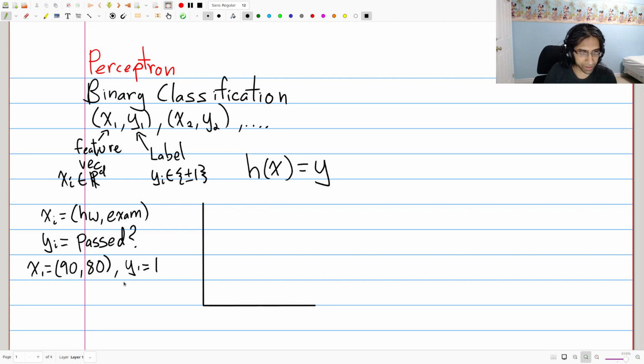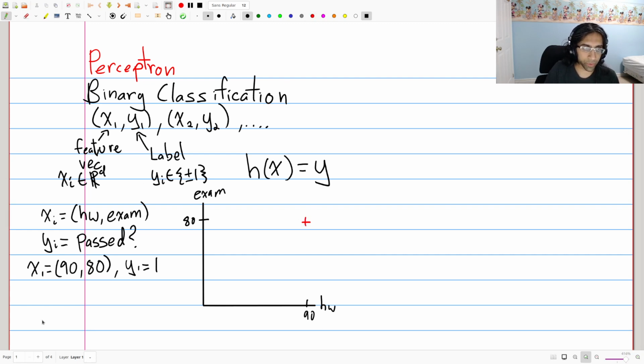Naturally, you'd expect if somebody did this well, they're probably going to pass the class. So what would that look like? I just want to draw this. This isn't going to be too helpful now, but we'll see a little bit later how visualizing it will be helpful. So this is rough, but let's say this is 80, this is 90, and so we'll represent this as a +1 here.